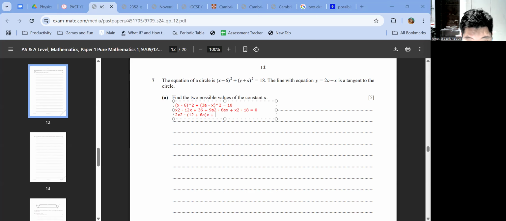And really, this gives you this value. Here you can find the discriminant, b squared minus 4ac, and then set that to 0, which gives, of course, the following.